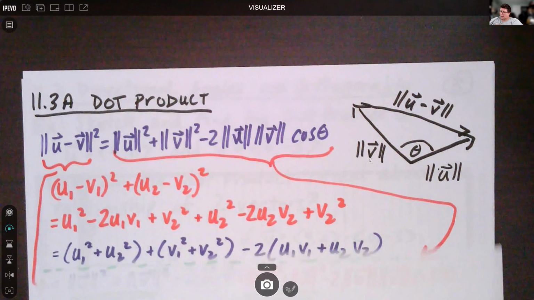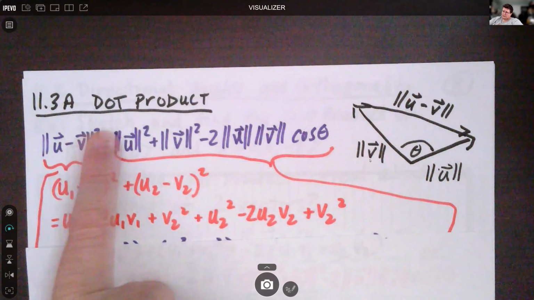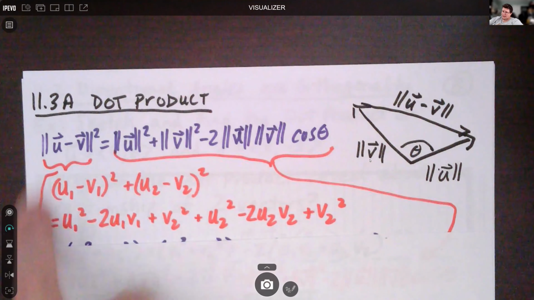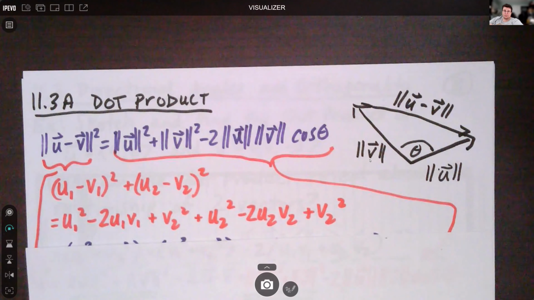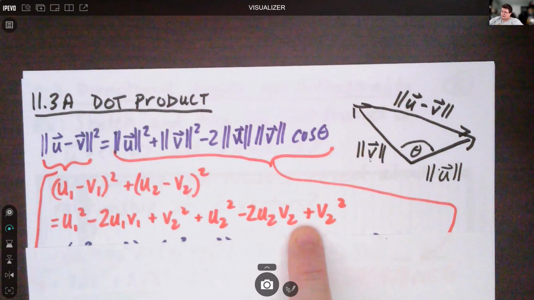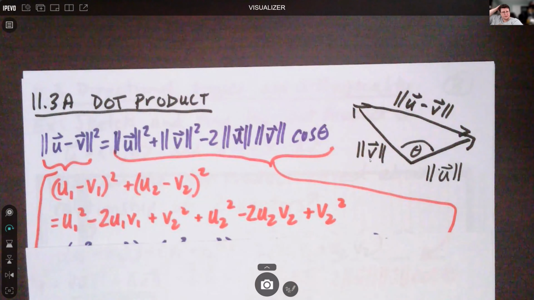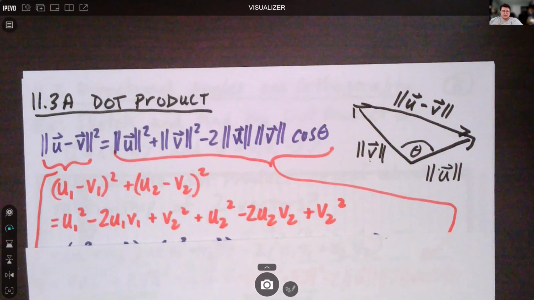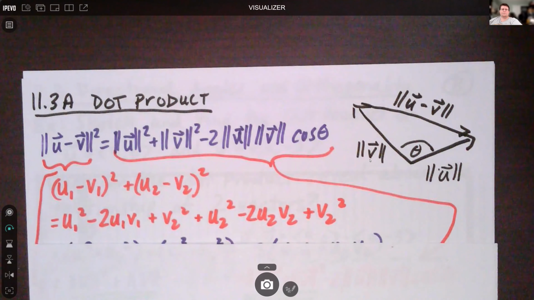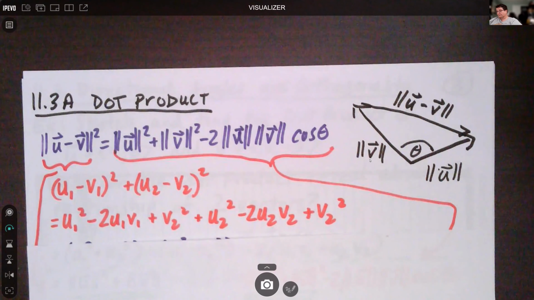Well, the one on the left, if we write that out, that's (u1 minus v1) squared plus (u2 minus v2) squared. And you multiply that all out, we get this right here, u1 squared minus 2u1 v1 plus v1 squared. That's the first parentheses. And then u2 squared minus 2u2 v2 plus v2 squared.